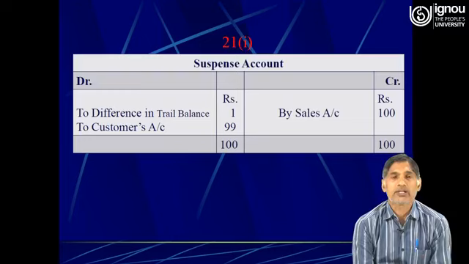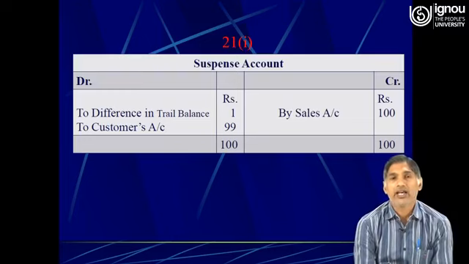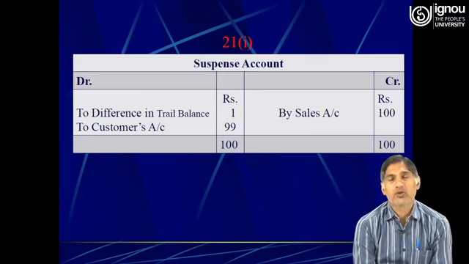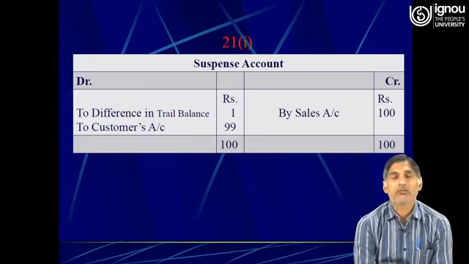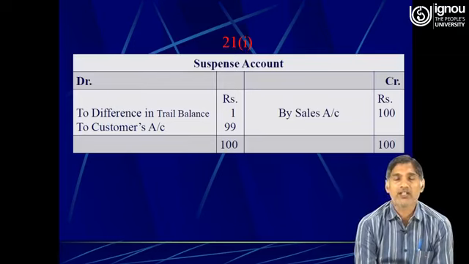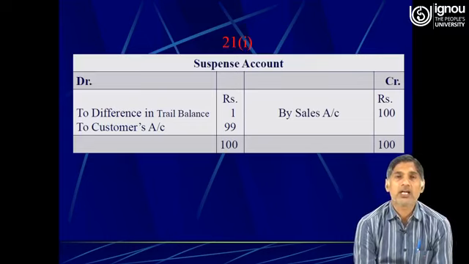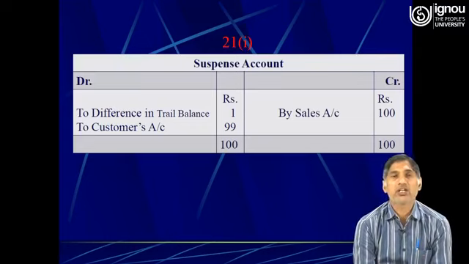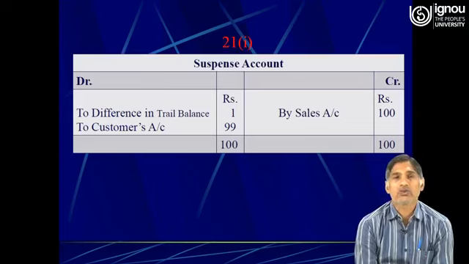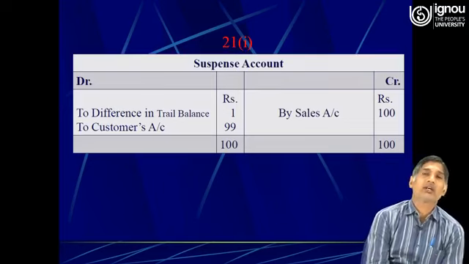So suspense account generally helps us in order to tally the difference of the trial balance, because we have to prepare the final accounts well in time. We have to present the report to the various stakeholders and to the internal management also. They have to take very crucial decisions on the basis of the final accounts prepared by the firm.